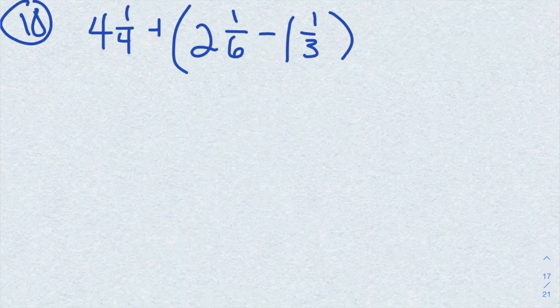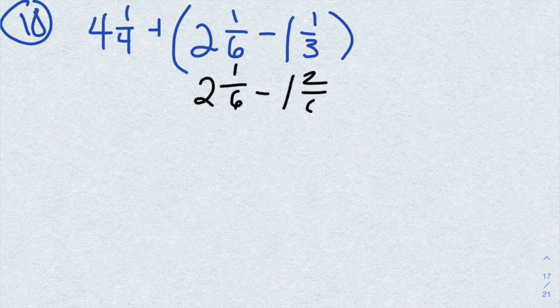Number 18. First thing I need to do is look at what is in my parentheses here. And I have 2 and 1/6 plus 1 1/3. I know if I want to subtract fractions, they have to have the same denominator. So I'm going to go ahead and change my 1 1/3 to 1 2/6. Now looking at my fractions, unfortunately I cannot do 1 minus 2. So I need to change my fractions by borrowing.